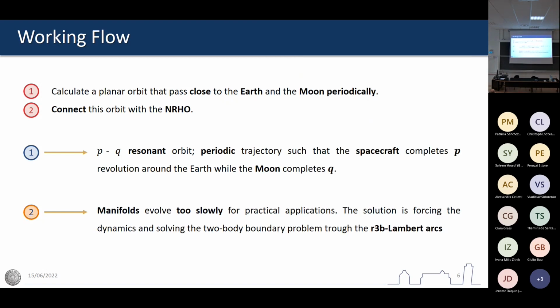Another solution, to gain time, is to connect the parking orbit and the resonant orbit with Lambert arcs, but not in the standard two-body formulation of the Lambert problem, rather with some numerical correction that I will explain later.